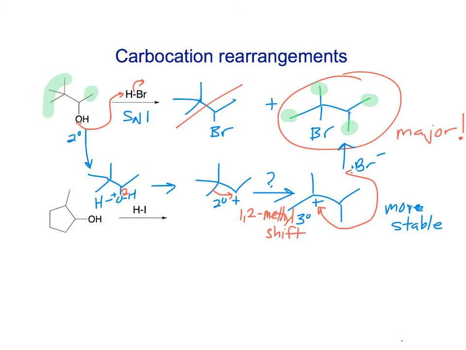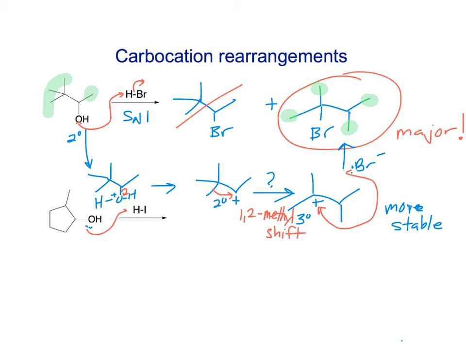All right, 1,2, because those two positions are adjacent to one another, not because they're numbered 1 and 2 in any kind of naming. So the methyl group moves, taking the electrons with it, forms a new bond, leaving the plus charge behind. We go to the more stable carbocation, and then that reacts with the halide. Tricky, huh? All right, so let's look at the next example.